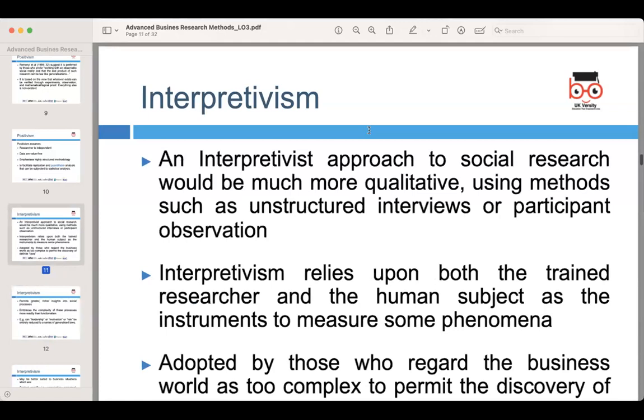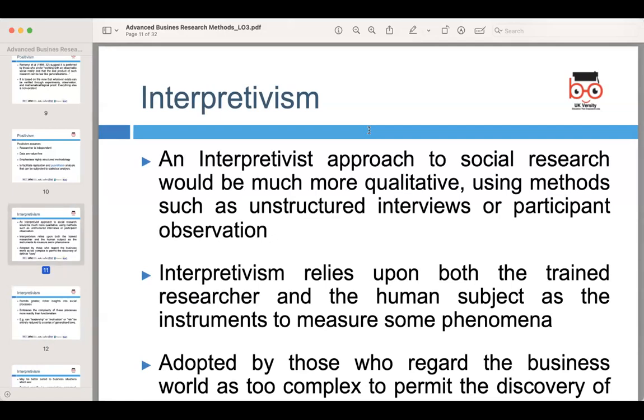One key aspect of interpretivism is recognizing that both the researcher and the human subjects are instrumental in the process of measuring and understanding phenomena. The trained researcher acts as an instrument of inquiry, bringing their knowledge, skills, and expertise to the study.